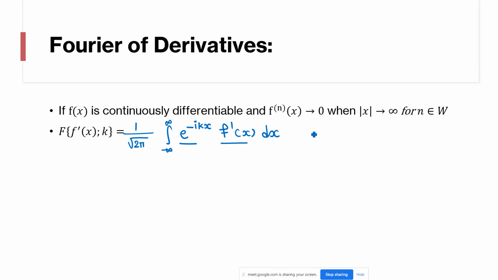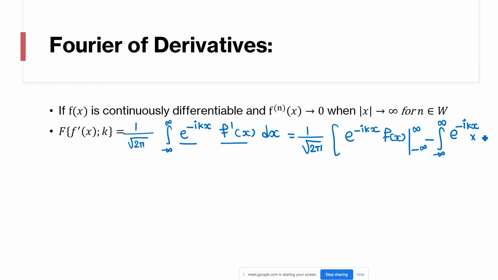So that is 1 upon root 2 pi, first as it is, integration of f dash of x would be f of x, with the limit minus infinity to infinity, minus integrating from minus infinity to infinity the derivative of the first, that is e raised to minus ikx. Since we are taking the derivative, I will multiply it with minus ik, times f of x dx.